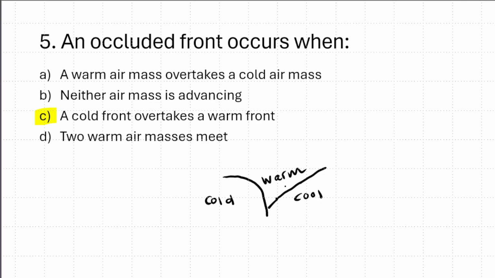It's going to undercut that warm air and lift it up, resulting in a trough of warm air aloft, otherwise known as a trowal. This is going to lead to it looking a little something like this. Your warm front gets lifted up a lot more, and because of this, you have a combination of a cold front and a warm front. So your weather will also be a combination of the two.